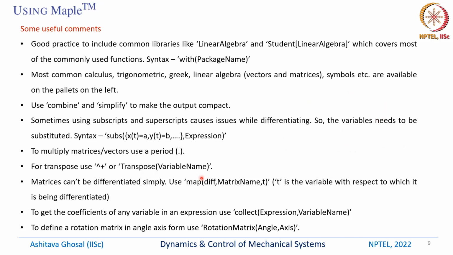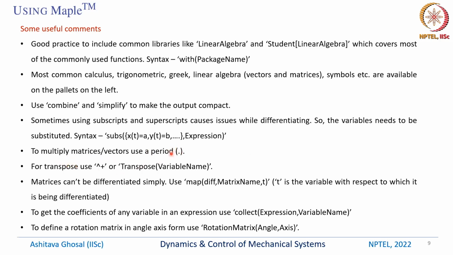So sometimes you need to substitute the variables with which you want to differentiate. So for example, the syntax is subs, x of t is a, y of t is b. Okay, so you cannot differentiate maybe x bracket t, but you can differentiate a, and there are some expressions like that.